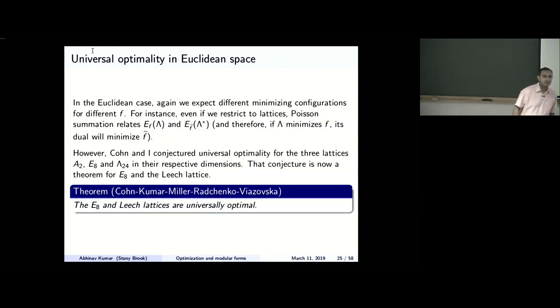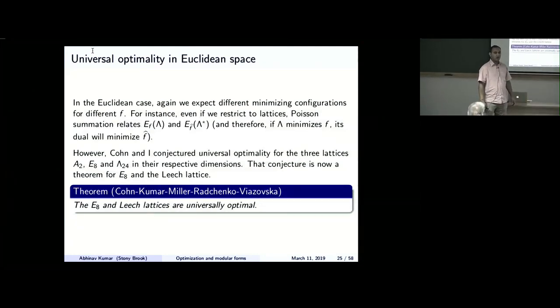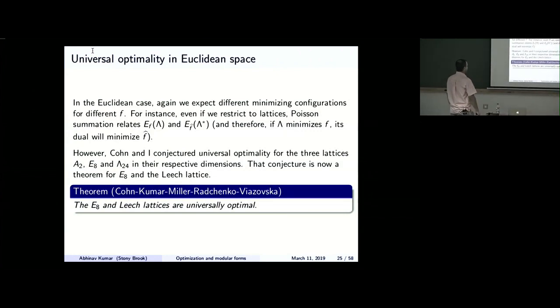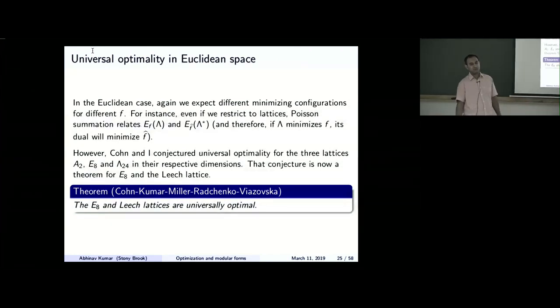What led you to make this conjecture? This was long before this proof, right? When did we make this conjecture? I think around 2007. What motivated us? We had numerical experimentation.